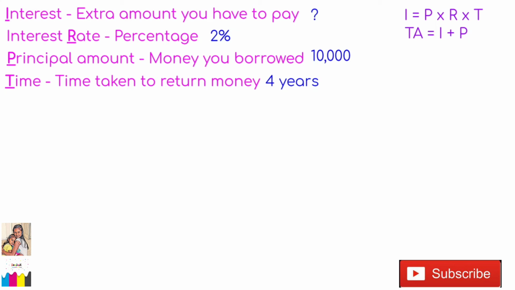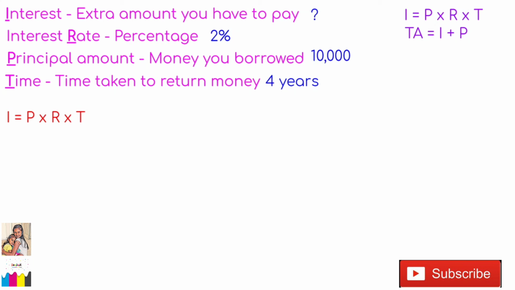Okay, so the first step says interest is equal to principal amount times interest rate times time. Yeah, look, that's funny. Times time. So you're going to multiply the interest rate, the principal amount, and the time to get your interest. So first, let's put the P, R, and T to their right positions.